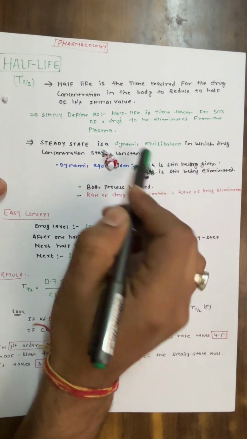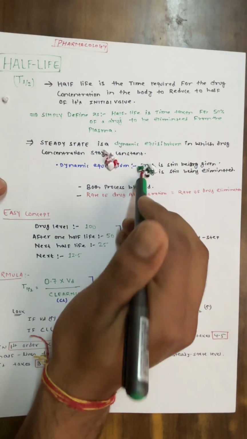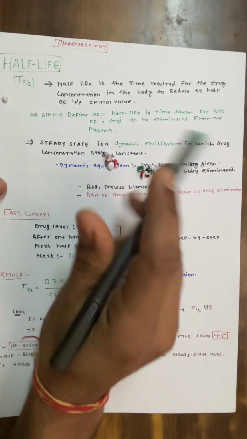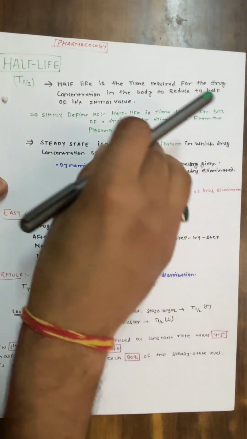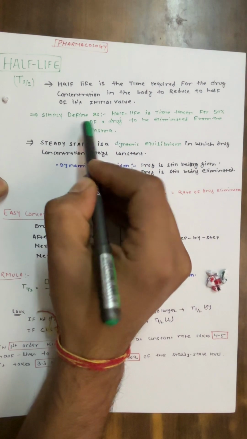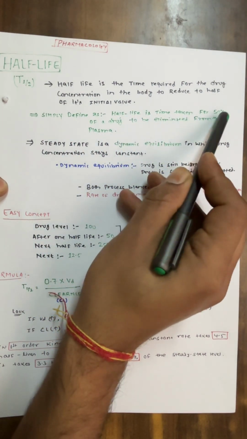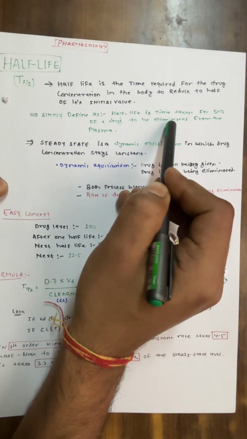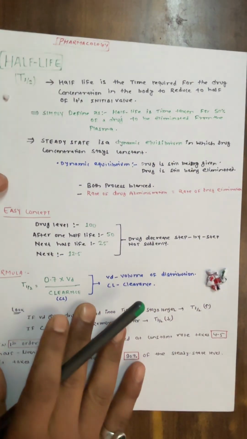Initially this was the concentration, now after X time it becomes this. That time will be the half-life of this drug. So a simple definition is: half-life is the time taken for 50% of a drug to be eliminated from the plasma. We can define it like this.